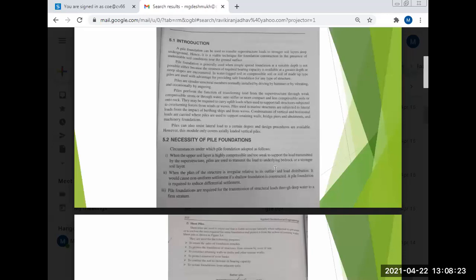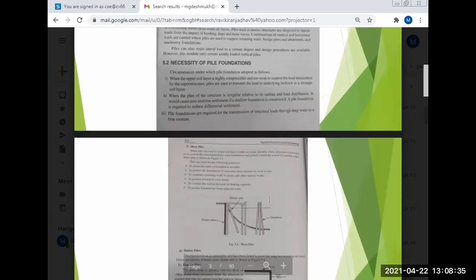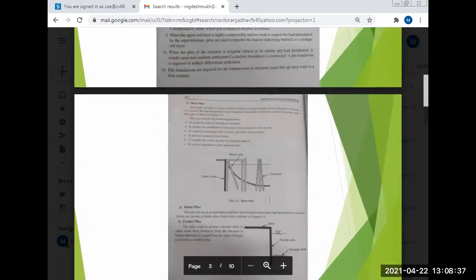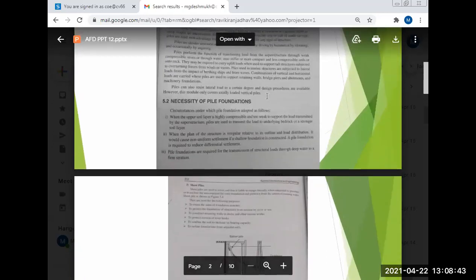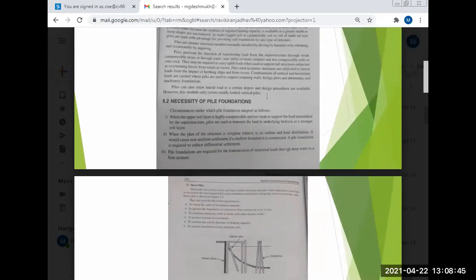And third, pile foundation is also used to transfer the load through water. Apart from that, wherever there is expansive soil, it is very much needed.